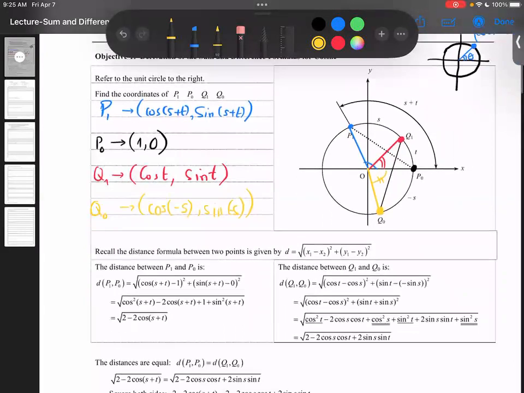Next, I'm going to recall the distance formula. Do you guys remember the distance formula? Right. D equals the square root of the difference of the first points squared plus the difference of the second points squared.